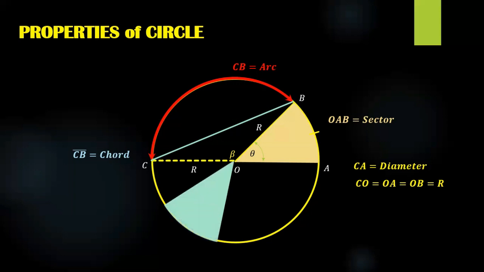So what about this one? Yes, this area we call sector 2, because this area is covered by two radii and an arc. We call this one a sector as well.